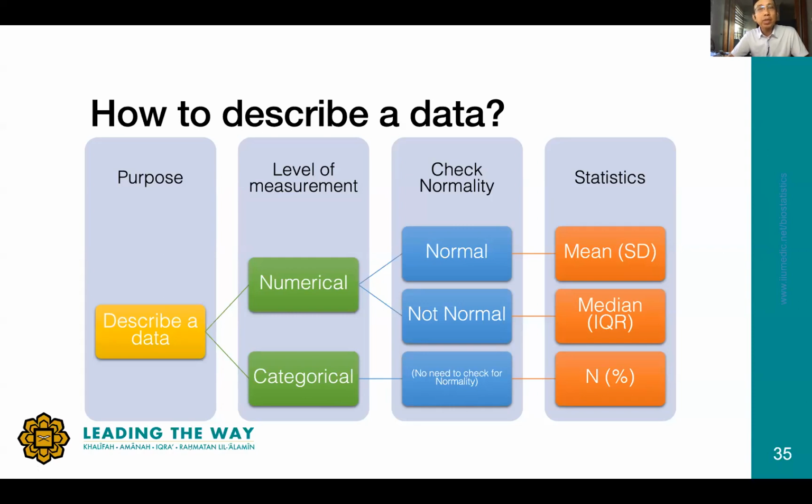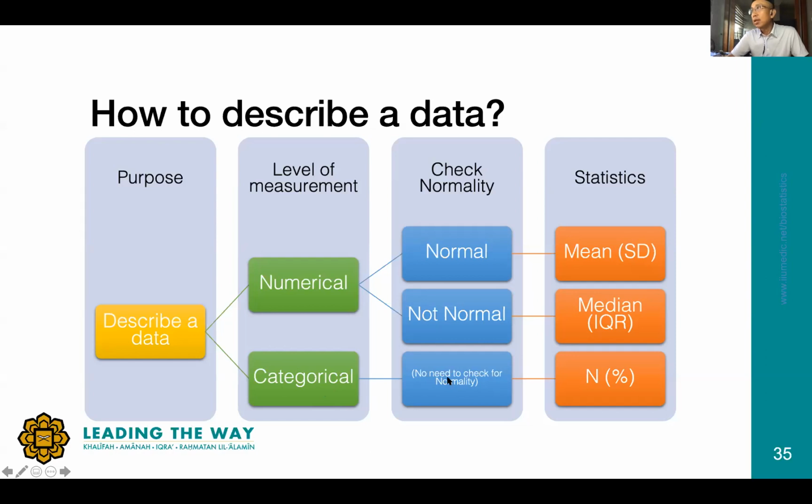But for your information, if you categorize certain information, you may lose certain values. So you may not be able to get a cut-off point for when a person is high risk to get hypertension. So you might lose certain valuable information. But if your data is categorical, it's easier to describe.